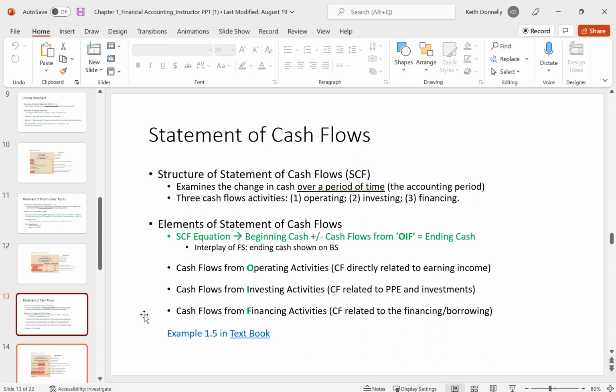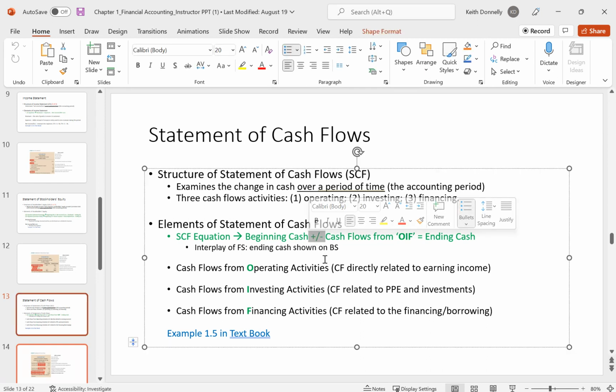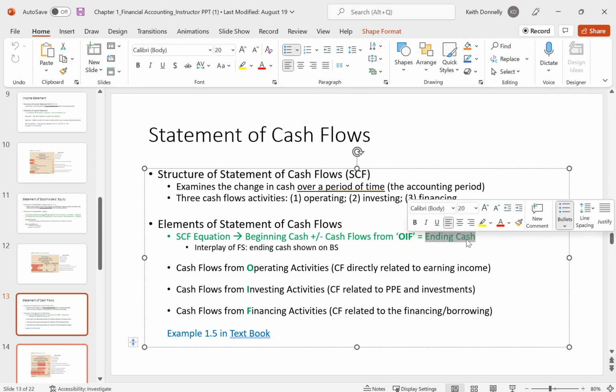The next one here, the statement of cash flows, right? This is basically looking at your cash balance from the beginning of the period to the ending of the period. How did it change? How did you get from point A to point B? And really what we're doing here, the equation for it is going to be your beginning cash plus your cash inflows minus your cash outflows gives you your ending cash.